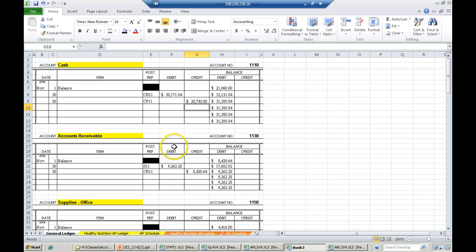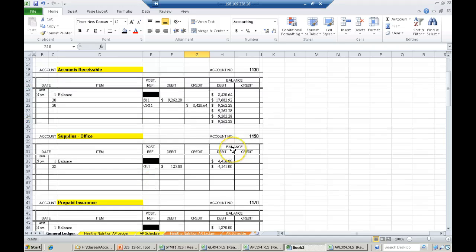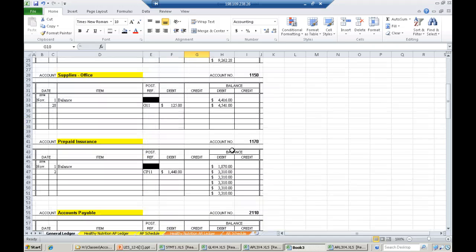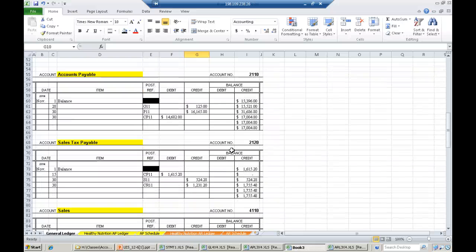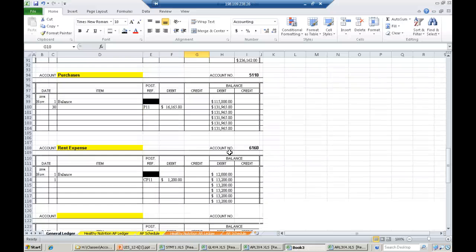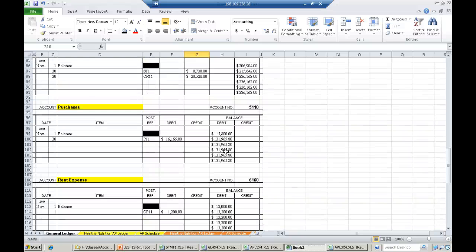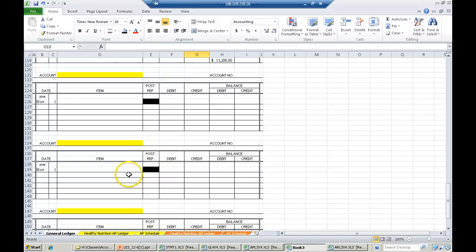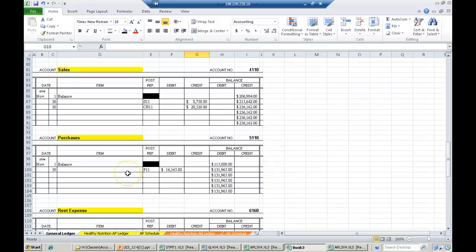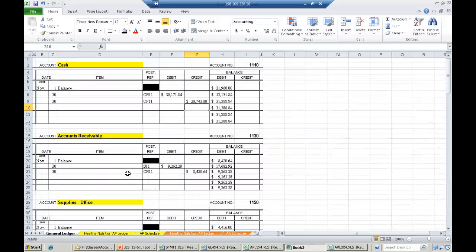So from what you have right now, you should have these exact amounts in your general ledger with the totals running, with the formulas in, formatted just like I have it. Now these blank ones, you can delete them or do whatever you want with them. We'll actually have more accounts in our general ledger.